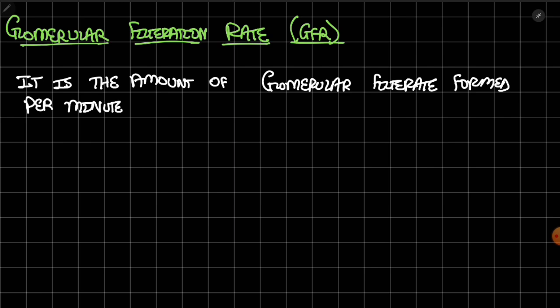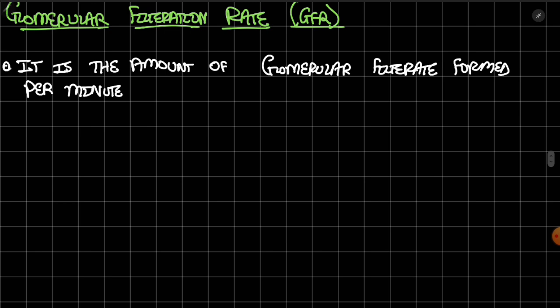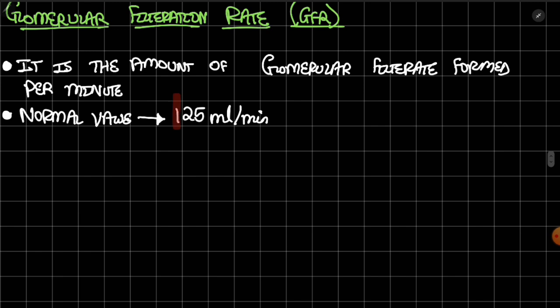Okay, so what is the normal value of GFR? The normal value is on an average nearly 125 milliliter per minute. This is one of the most important values we should know. What does this signify?